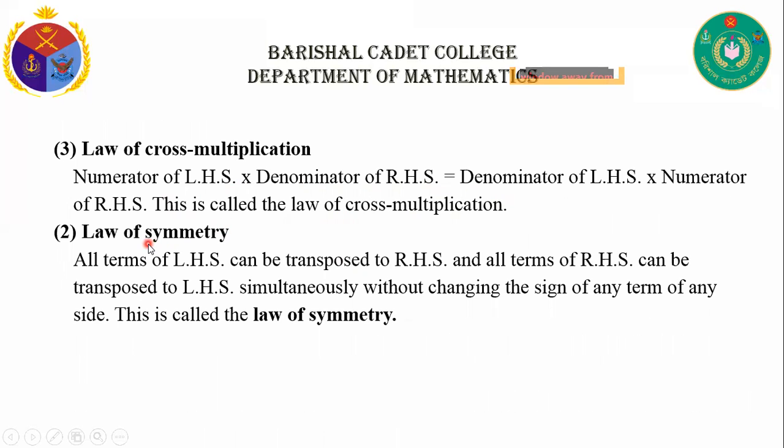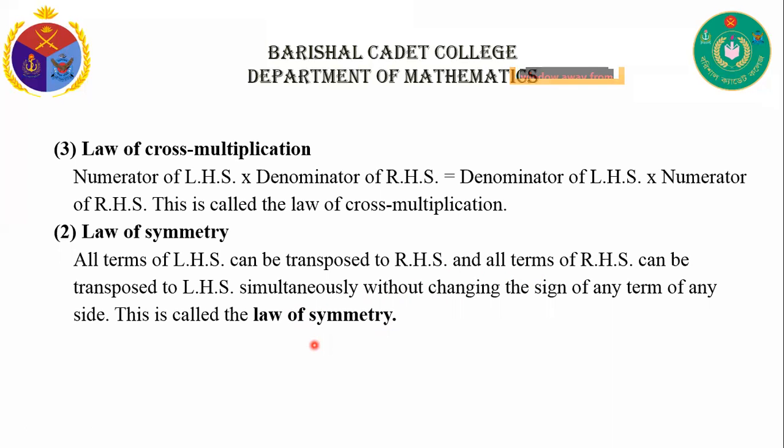And law of symmetry: all terms of the left hand side can be transposed to the right hand side, and all terms of the right hand side to the left hand side simultaneously, without changing the sign of any term. This is called the law of symmetry. Boys, these four laws we have to understand and memorize, and then apply.